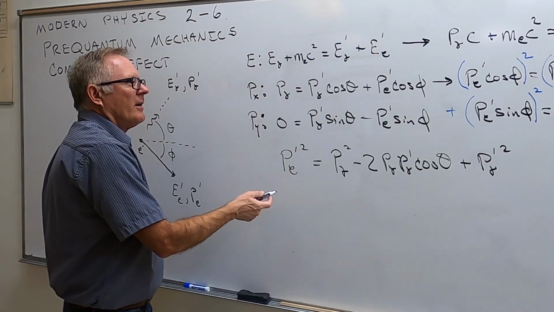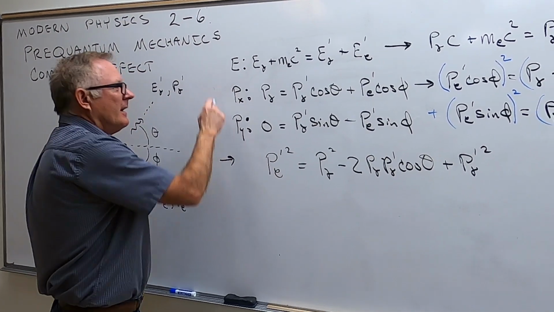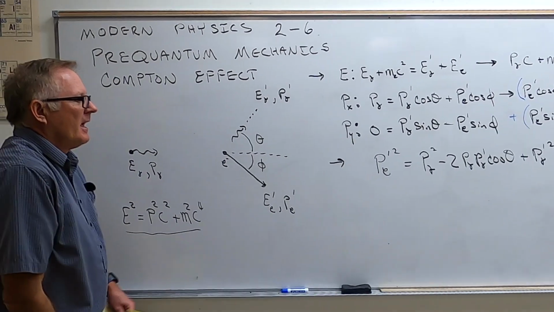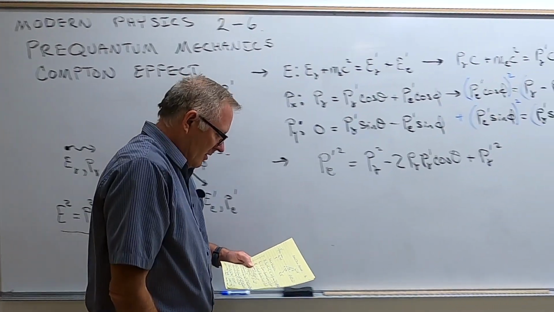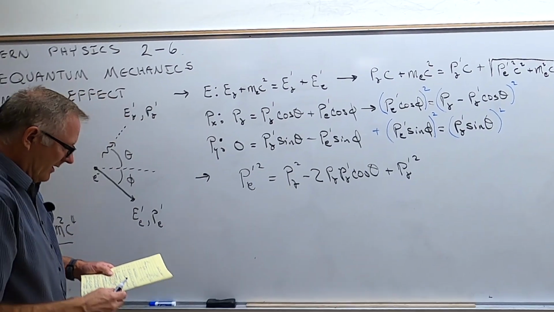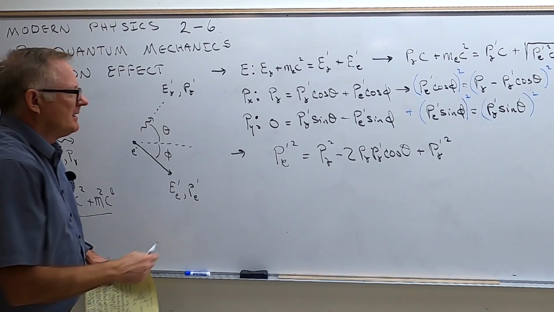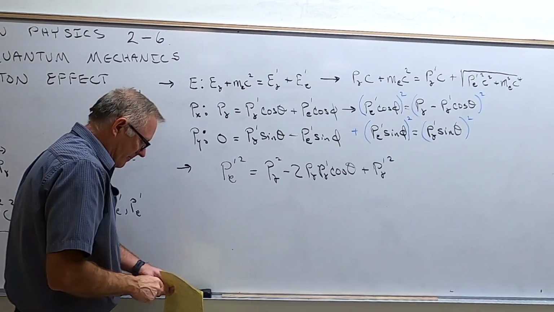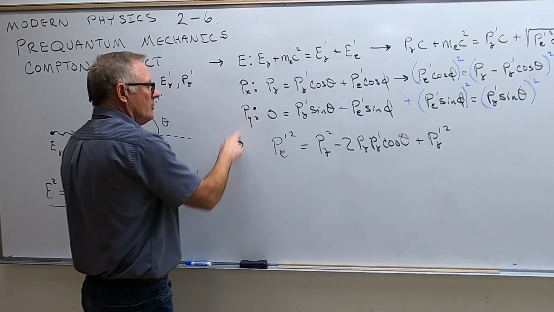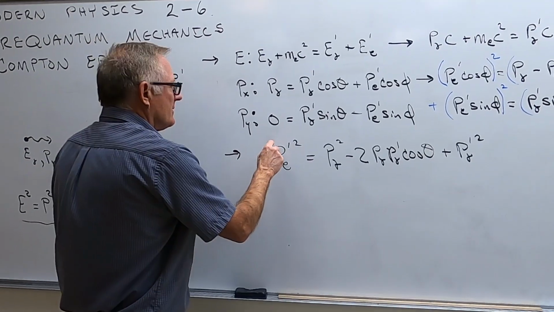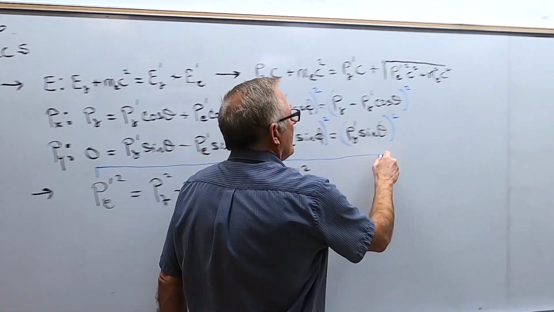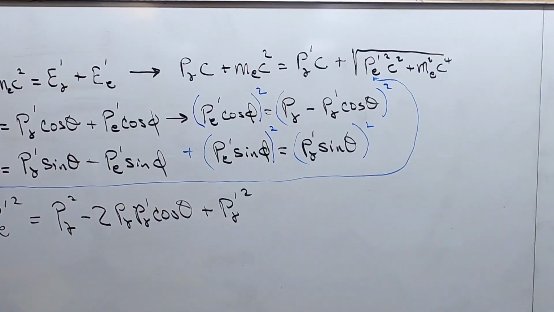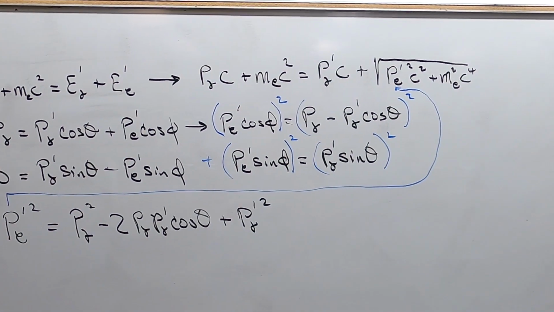Okay, so now I've got this equation and this one right here, because I've already used these two up. So what do we want to do now? Well, see this pe prime squared, I want to get rid of that. Since we have these two equations, I'm just going to take that and put it right up into there. Then I won't have any pe prime squares anymore.